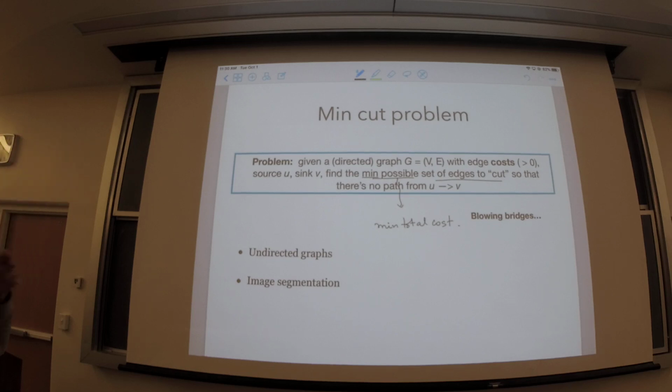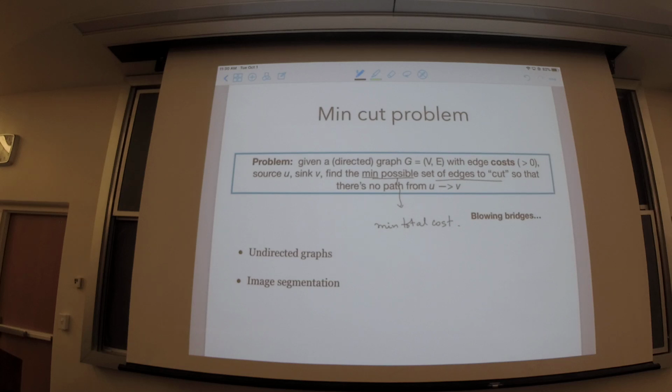They were trying to see how you can cut off supplies to certain cities and stuff like this. And so there is some price to pay for cutting different roads or bridges or something like this. And which ones do you choose so that you have least risk and you still are able to disconnect things, right? So this had some real applications even back in the day.